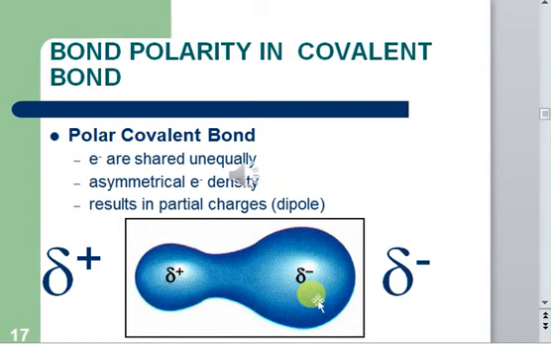So an atom that keeps electronic density more toward itself is said to be partial negative. And the atom that keeps the electronic density lesser toward itself is unable to retain the electronic density. You can see that here the loop is weaker. So this atom is said to be partial positive.